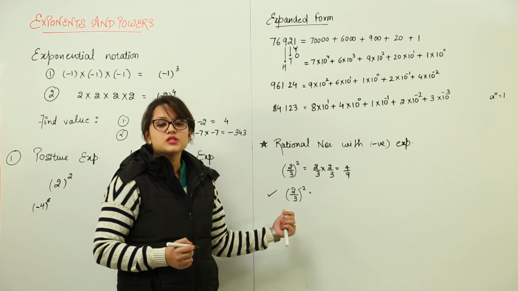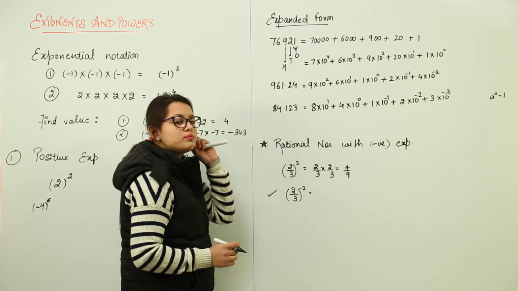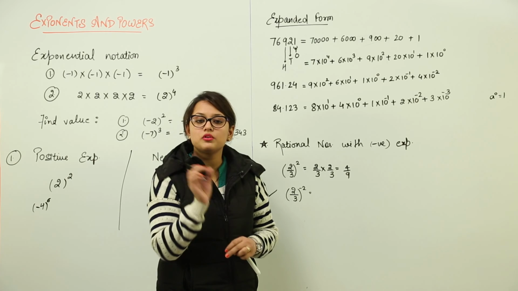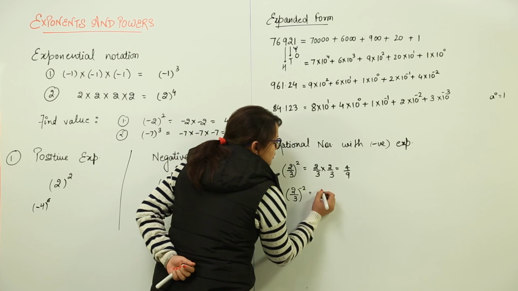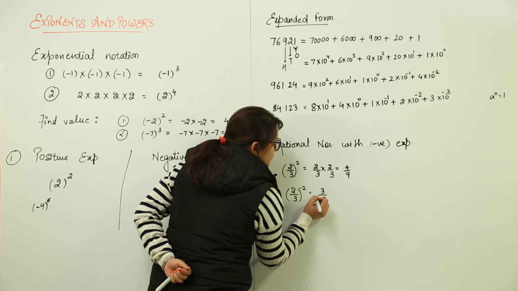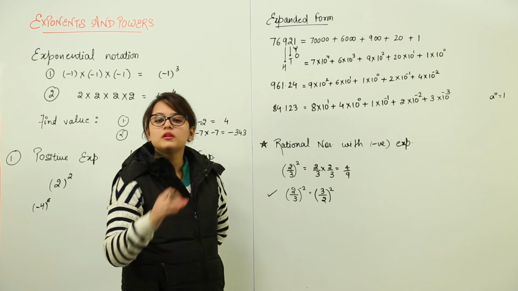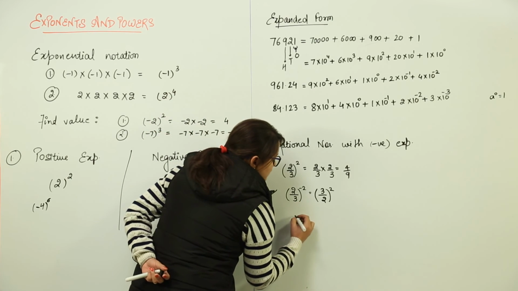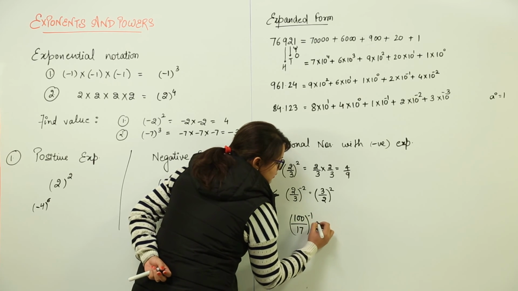How do we solve such questions? It's very simple. Whenever you find a negative power, that is a negative exponent written, you are required to reciprocate the value, that is 3 over 2, and the power will become positive. No matter what the power is. Say, even if it is like this, 100 upon 17 raised to power minus 1.